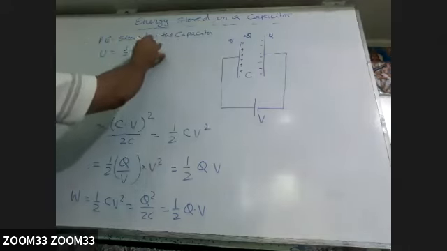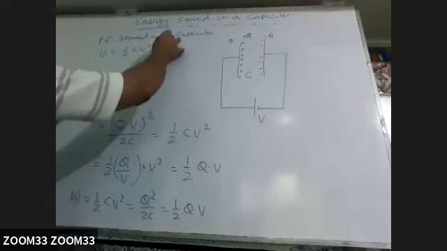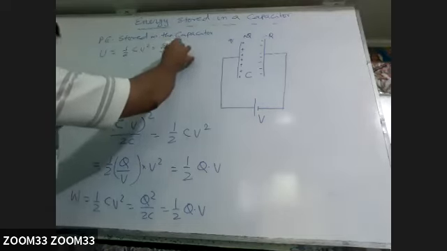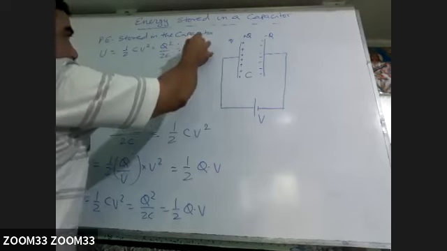Half CV square, or Q square over 2C, or half QV.